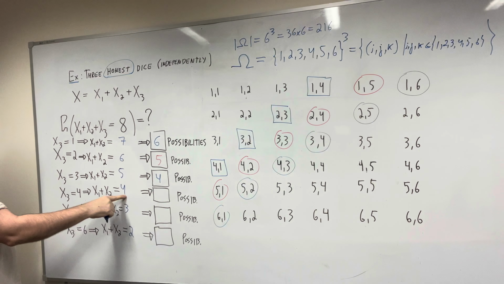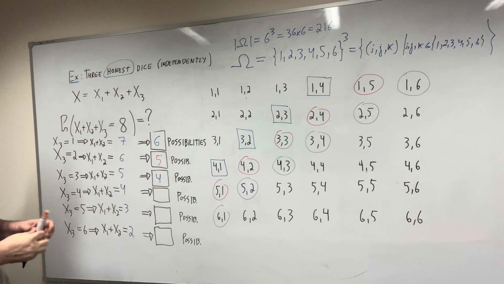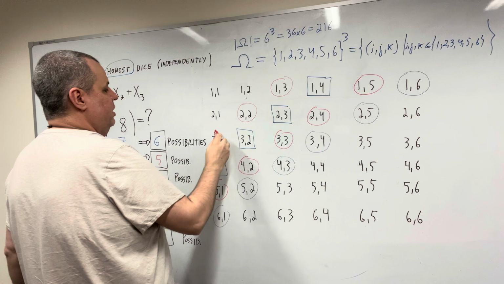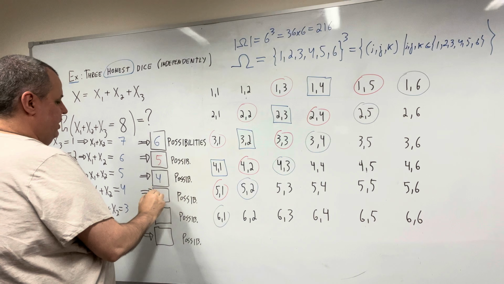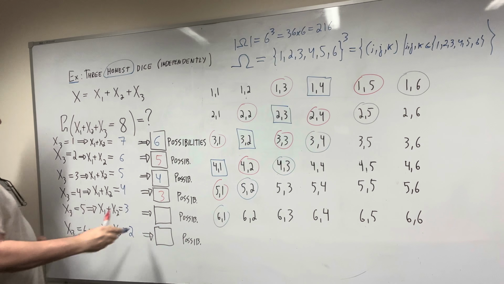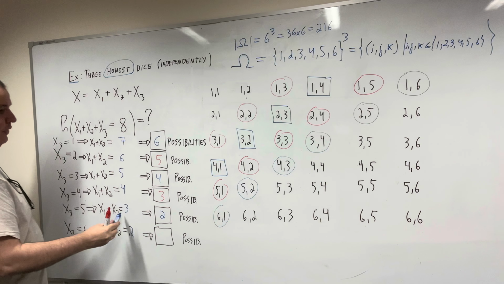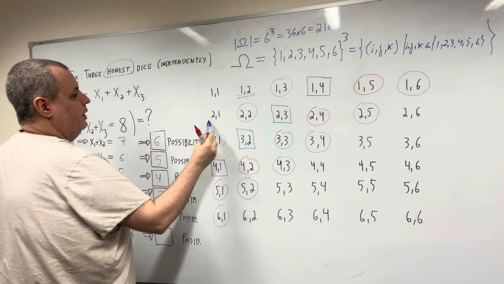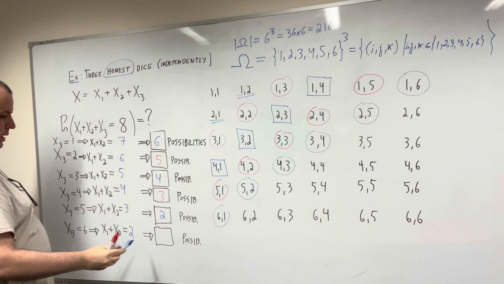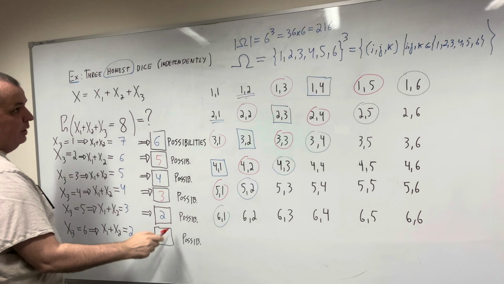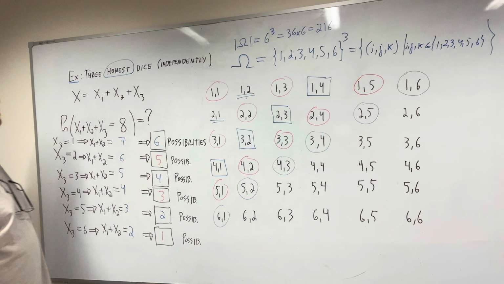x1 plus x2 equals 4. How can I get to 4? Here, here, and here. 3 possibilities. And here I have 2 possibilities of adding up to 3, here and here. And finally, if they have to add up to 2, I have only 1 possibility, this one here.